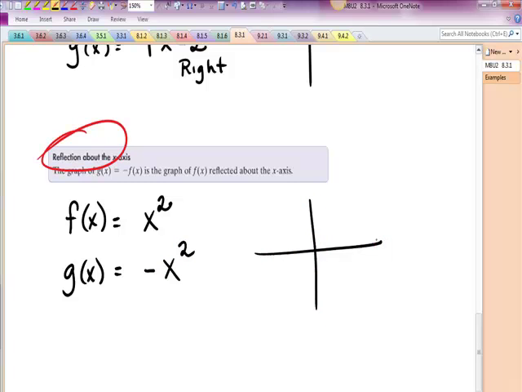Well, we know what x squared looks like. It is the parabola, which looks rather U-like. Negative f of x causes a reflection about the x-axis. So everything that used to go up now goes down, and the graph looks like this. Okay, so it is reflected about the x-axis. Positives become negatives, and so on.